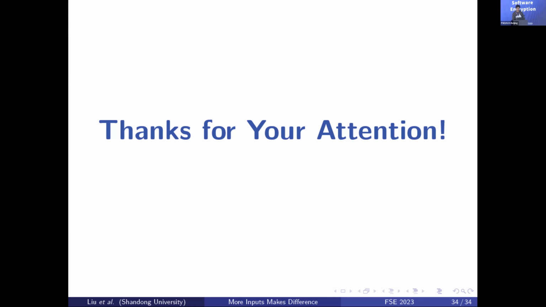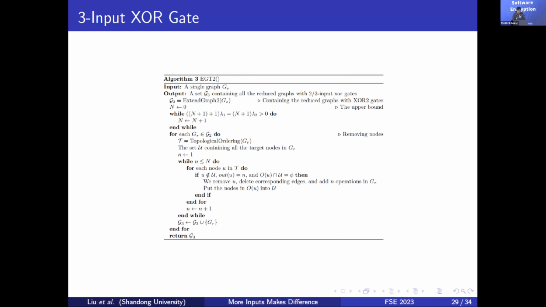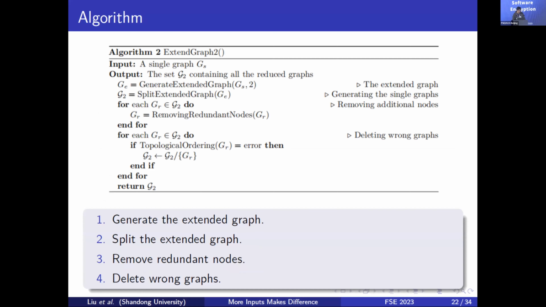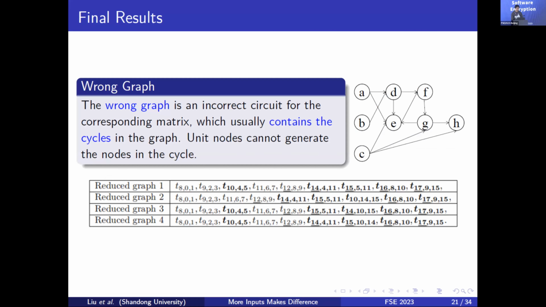So I think our method can find circuits with lower latency. Maybe we can see the slide. In the first step we receive single graphs, and then we use our graph extending algorithm to generate many equivalent circuits.